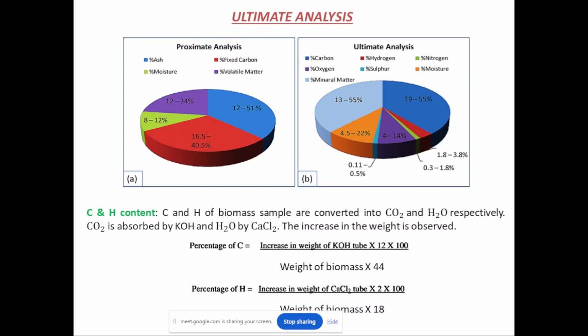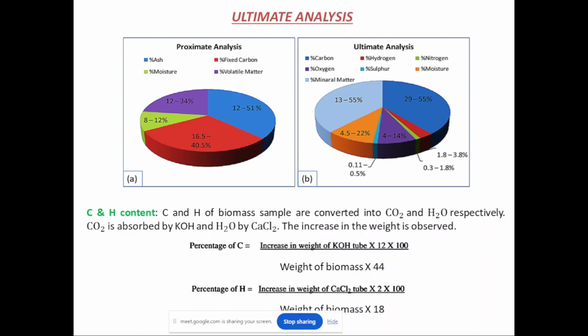So carbon dioxide as well as H2O is released after burning the samples. This carbon dioxide is going to be absorbed by KOH, and H2O is going to be absorbed by CaCl2, calcium chloride, usually in anhydrous form, which is hygroscopic in nature. When the water is passed through the CaCl2, the water molecules will be absorbed by the calcium chloride.